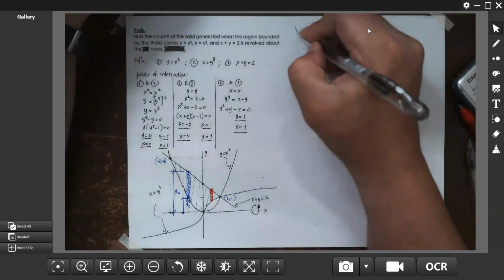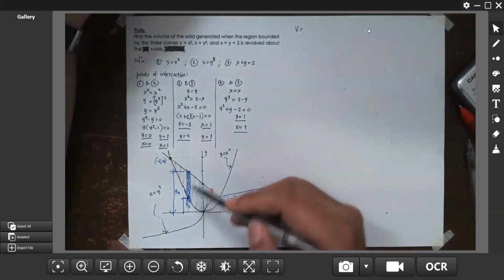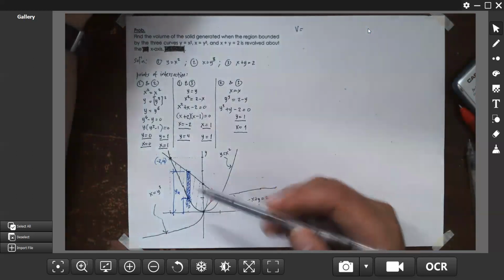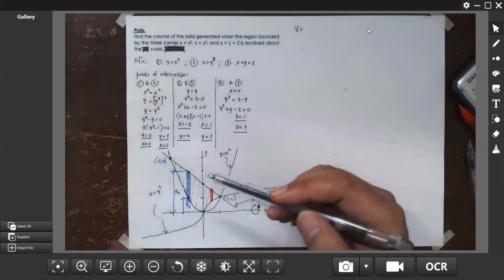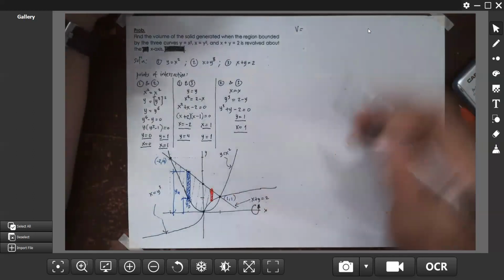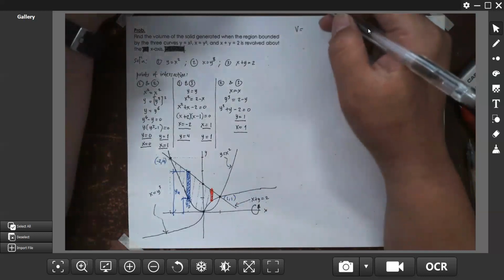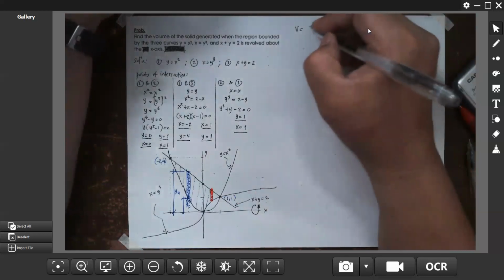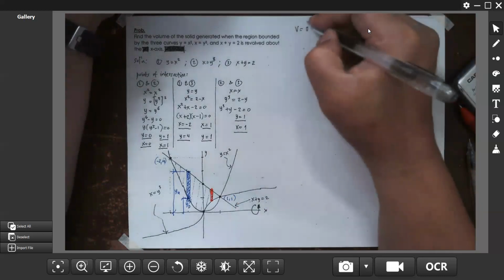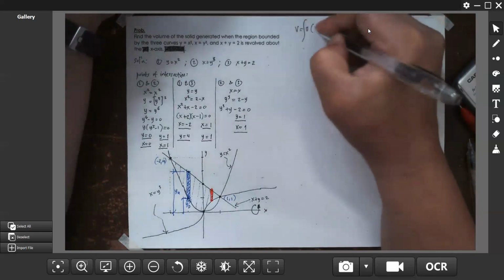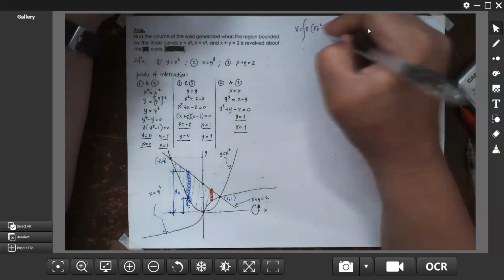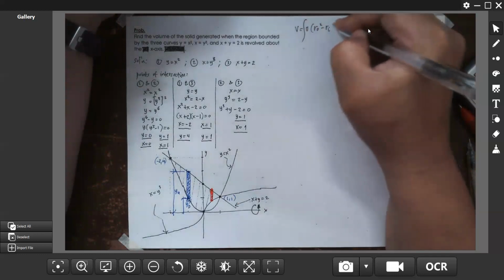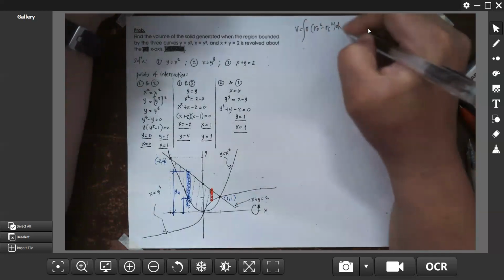The volume is a circular ring. So the volume is pi, outer radius squared minus inner radius squared. So we have the integral of pi times outer radius squared minus inner radius squared dx.